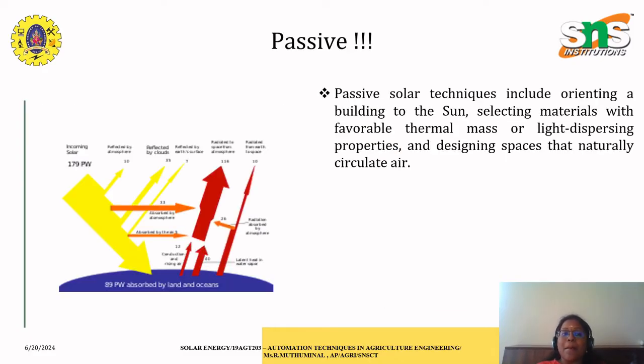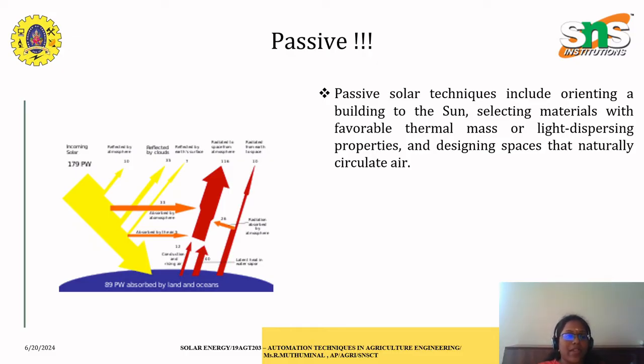And the next one is passive. Here we orient the building to the sun. The techniques include orienting a building and selecting a material with favorable thermal mass. After that, the land or the ocean will absorb certain kinds of solar energy, that is, the rays that pass over it.